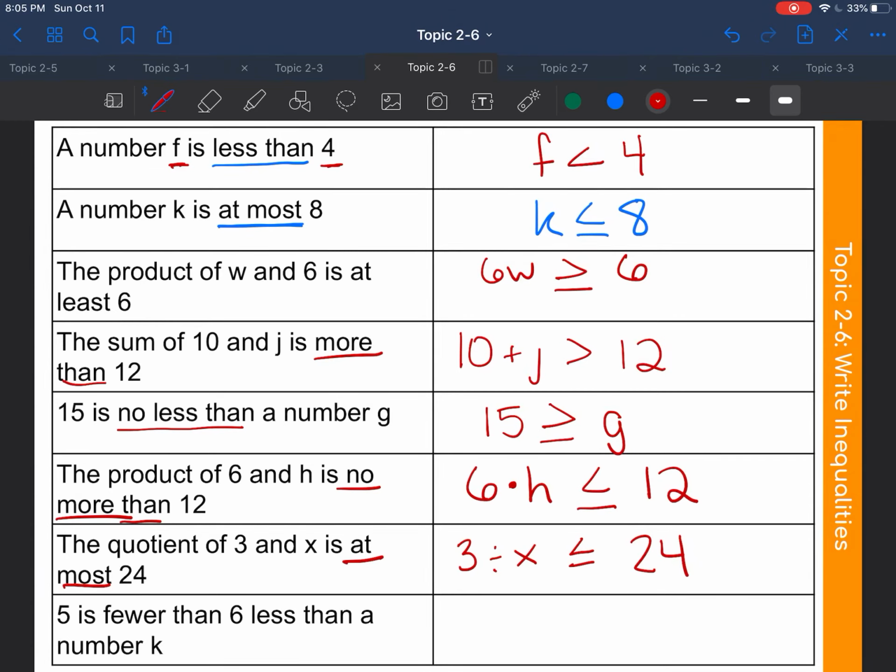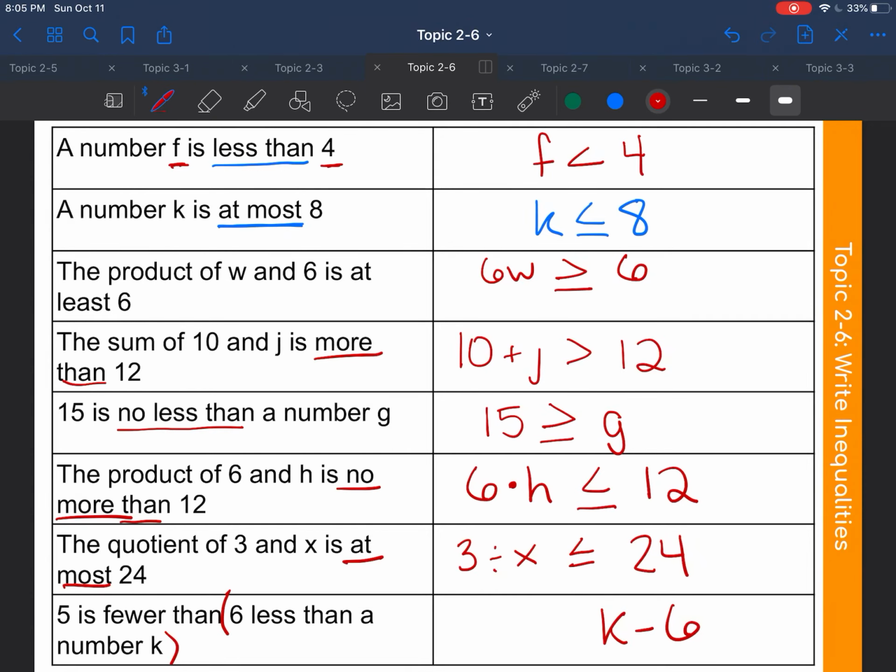All right, and lastly, 5 is fewer than 6 less than a number k. Okay, let's start with the 6 less than a number k part. What they're saying here is that 6 is being subtracted from k.